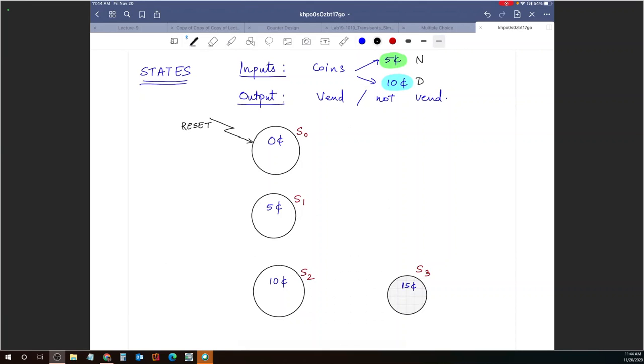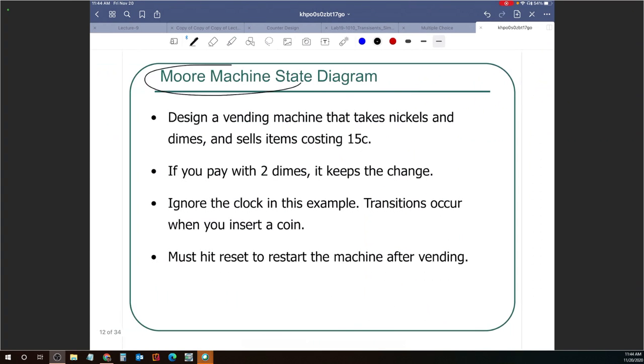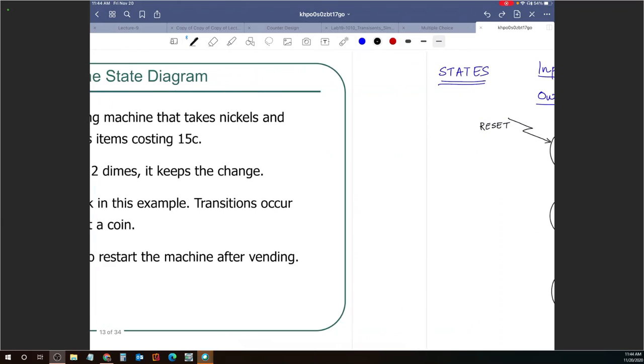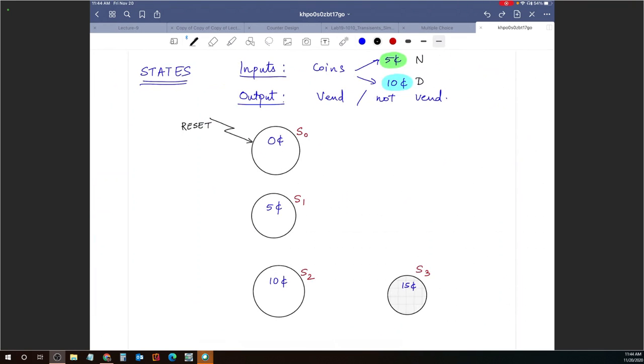Yeah. So how do I go from, oh, by the way, this is a Moore machine, right? So if it's a Moore machine, then my outputs are dependent only on the present state, which means the output should be written over here in square brackets typically.